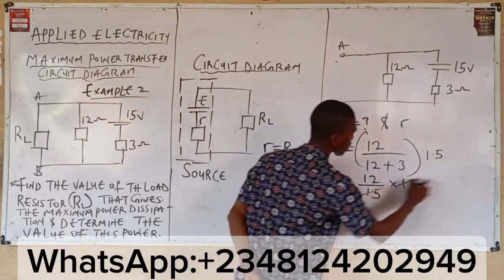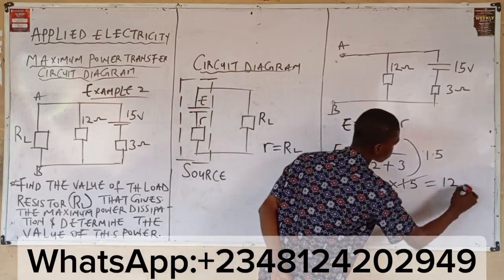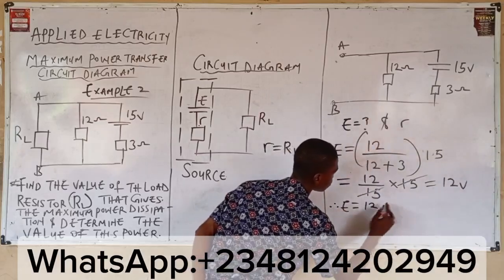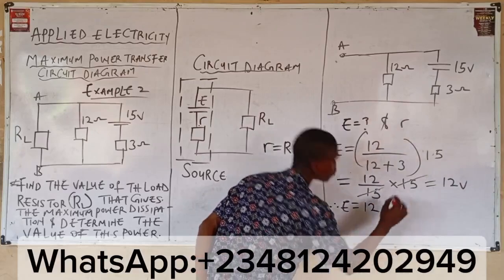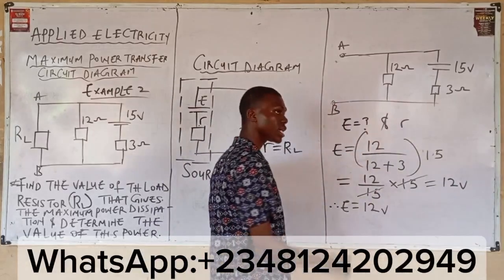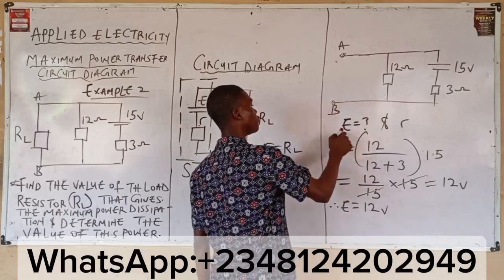The 15 cancels out, and I'm having 12 volts. Therefore, E is equal to 12 volts.